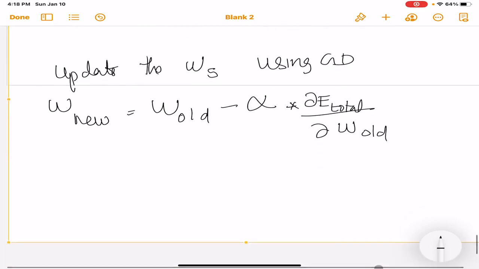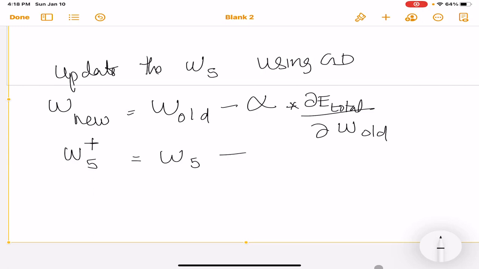So in our case, we are finding it for W5. So I write W5 plus, which indicates the new value of my weight W5, is equal to old value minus the learning rate alpha. So for the time being, I take alpha to be 0.5.